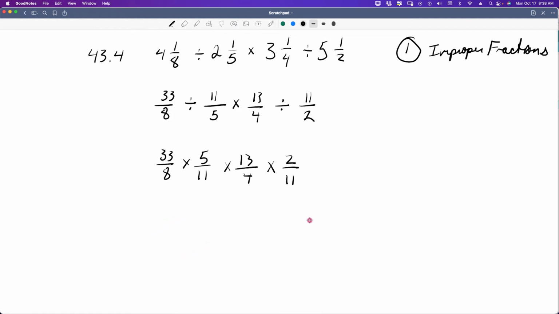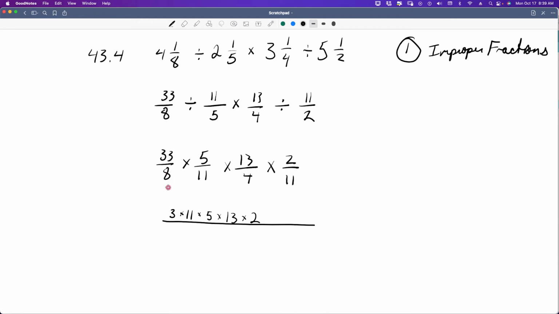Now we are going to factor all of this stuff. So I'm going to draw my line. 33 is 3 times 11. Then we have times 5, times 13, times 2. And that's it.